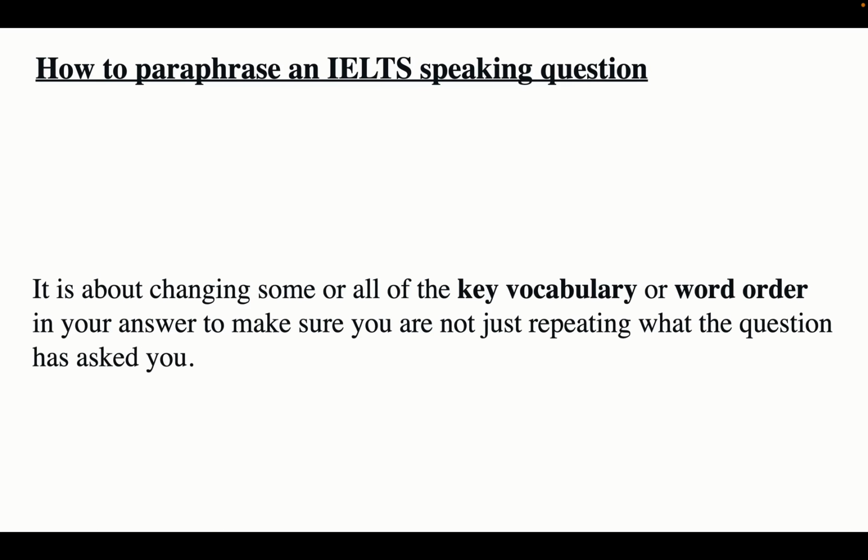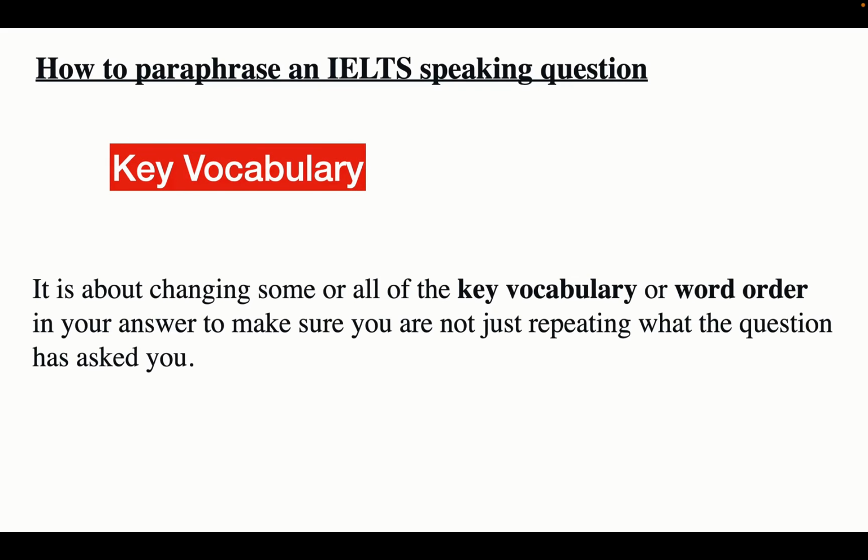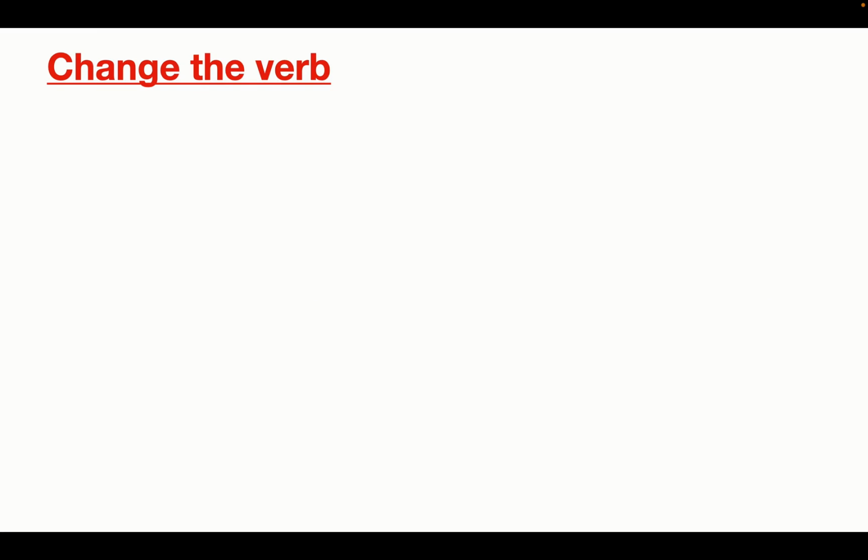So, how do you paraphrase in IELTS speaking? It's about changing the key vocabulary or the word order in your answer, so you're not just repeating what the question asks you. So we want to change the key vocabulary and the word order. So change the verb.